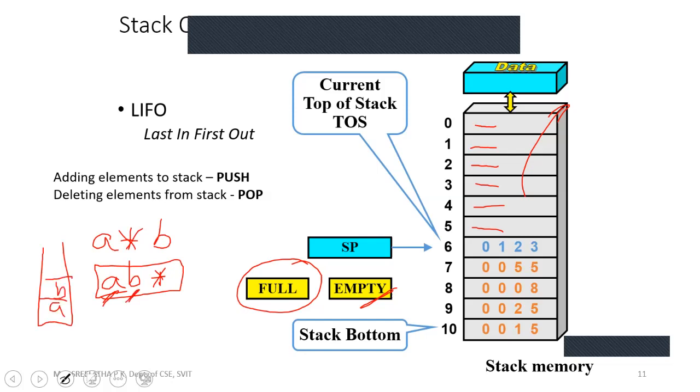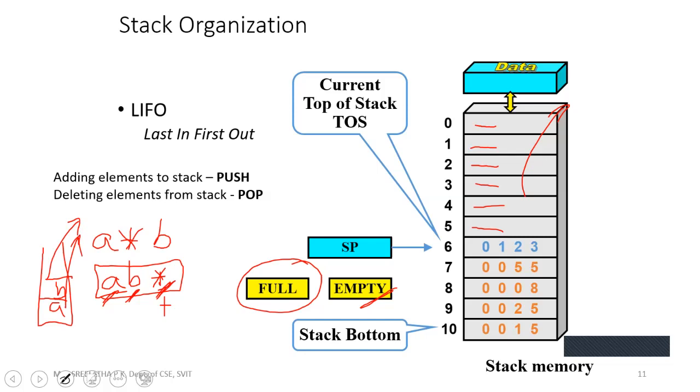I put B. Whenever an operator occurs, whether it is plus, minus, multiply, or divide, I take out the previous two elements, the topmost elements from the stack, and the operation is done. As there is only one entry, the topmost elements will be the operands of this operator. So one application is to solve expressions.